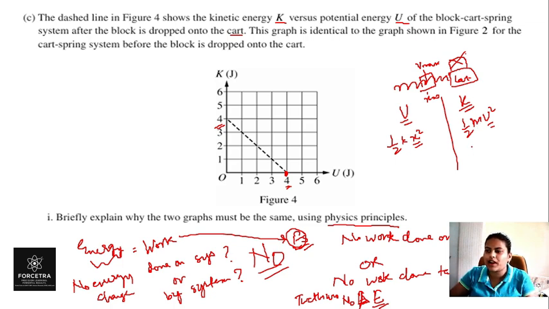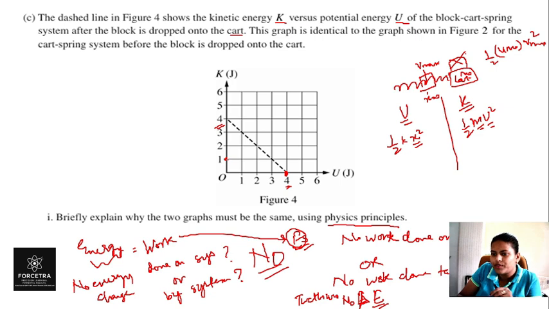So compared to this, previously it was half 4 m naught V max squared, and now the mass is only the cart's mass, which is m naught. So the kinetic energy would be 1/4 upon 1/4, so it would be 1. So we have to draw a solid straight line.